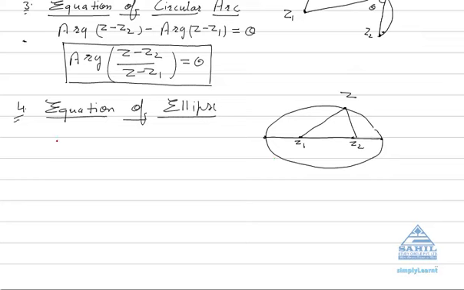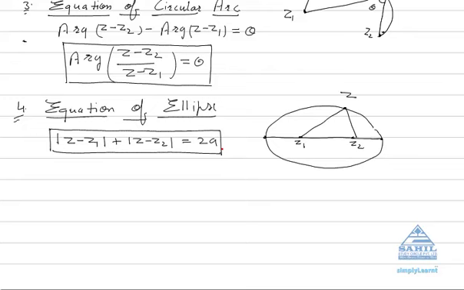So our concept is modulus of z minus z1 plus modulus of z minus z2 equals 2a. But one thing must be clear, that 2a must be greater than the distance between z1 and z2. So modulus of z1 minus z2 must be less than 2a.